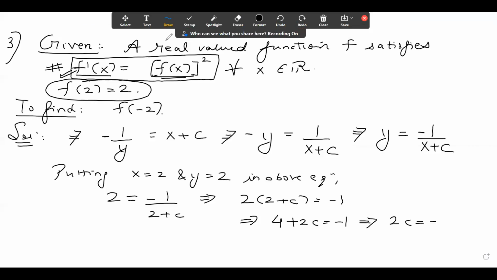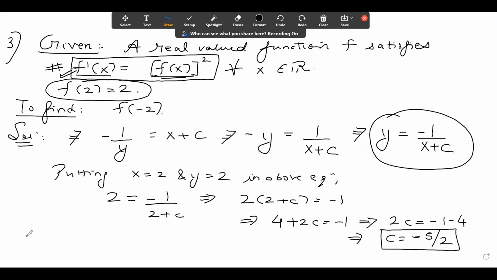Okay. So if I solve for c now, 2c equals -1 minus 4, which implies c is equal to -5/2. So we are getting c as -5/2. Now, if I put the value of c in the function, what was the function?